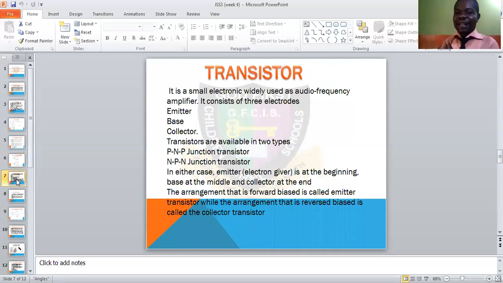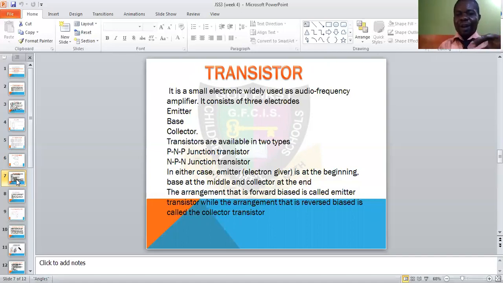And the arrangement that is forward biased is called the emitter junction, while the one that is reverse biased is called the collector junction. We have also discussed that in terms of the diode: forward biased, then reverse biased. But in this one, there's a difference. The arrangement that is reverse biased is the one that collects the electron.